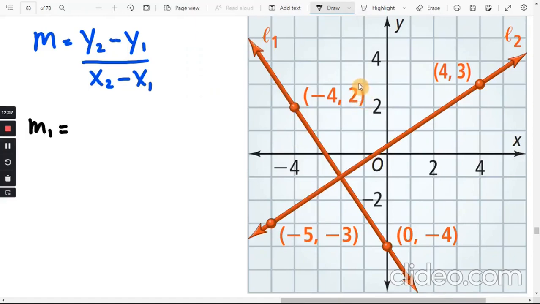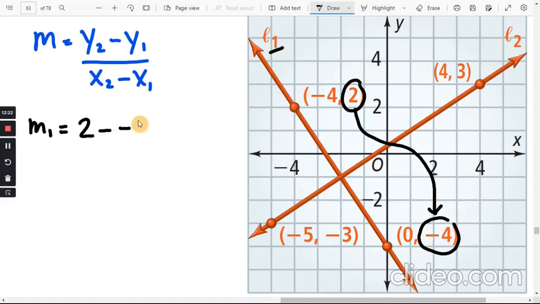Okay, so I'm going to do 2 minus negative 4. Okay, we're on this line right here, line 1. 2 minus negative 4. And then the change in x, negative 4 minus 0.